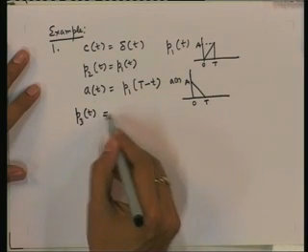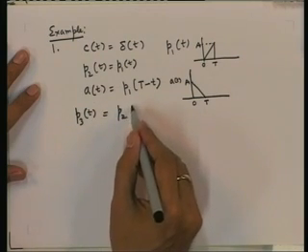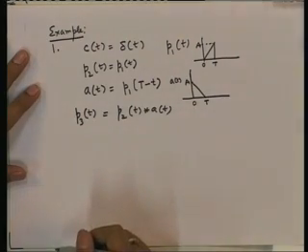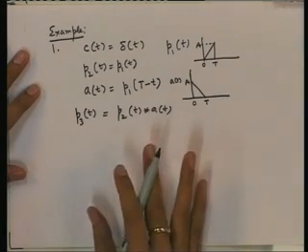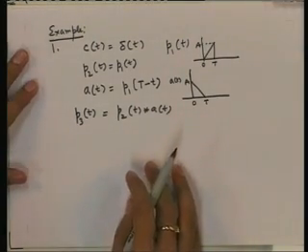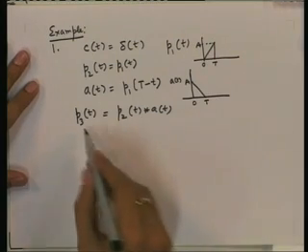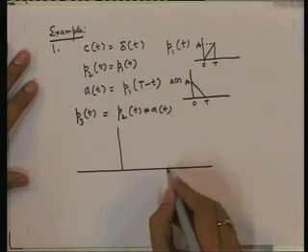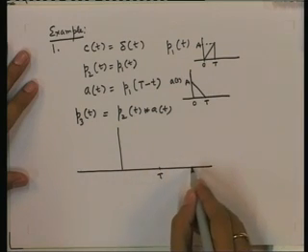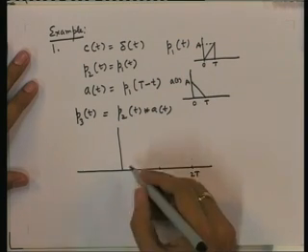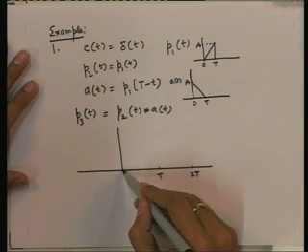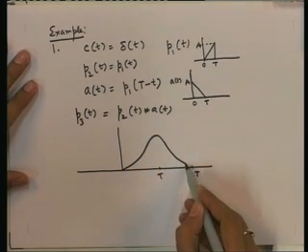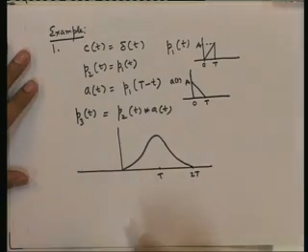What is P3t? It is P2t convolution At. If we do this convolution, we will see that P3t is of this shape. T is here, 2T is here, it will be this shape.